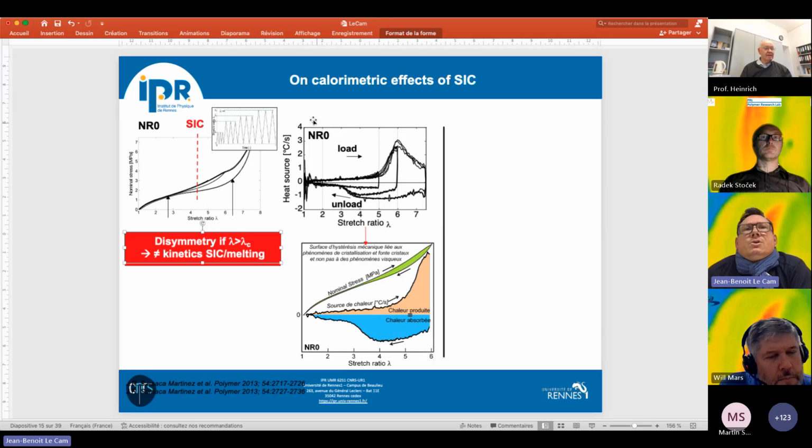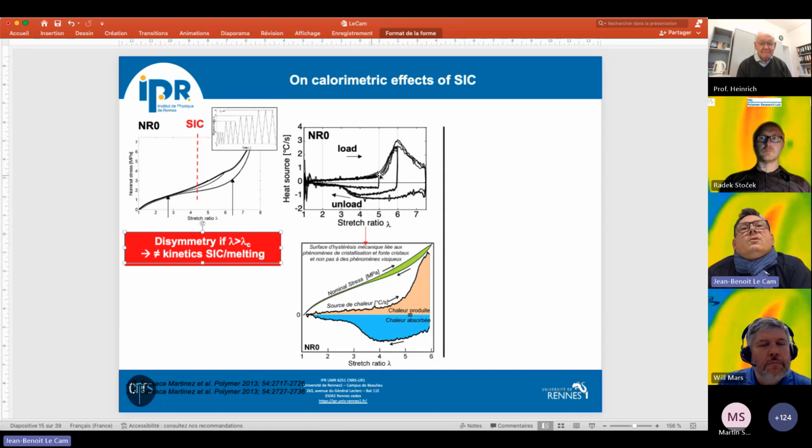Okay. So you have here the calorimetric response. What you can see is lambda 2 here, lambda 5 here, and the higher lambda there, with the loading and the unloading. And what we can see is that as soon as the stretch at which crystallization starts is exceeded, there is a dissymmetry in the calorimetric response. The explanation is very simple.